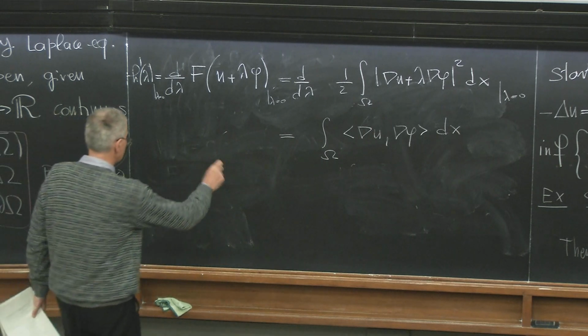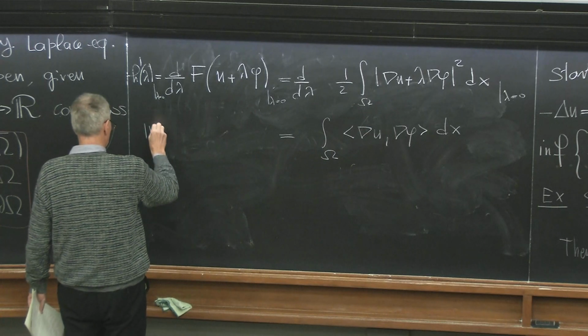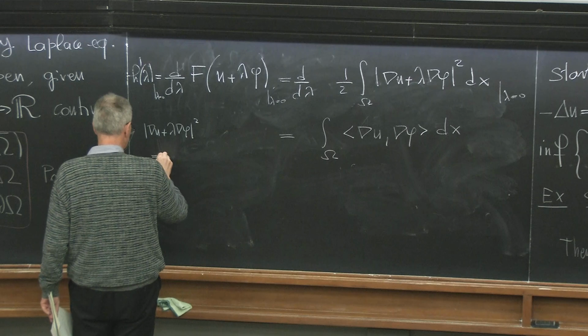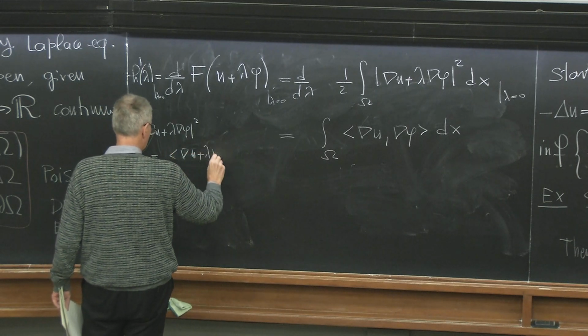What do you do? I mean, this is the norm of a vector, so grad u plus lambda grad phi squared is nothing but the scalar product of this vector with itself.